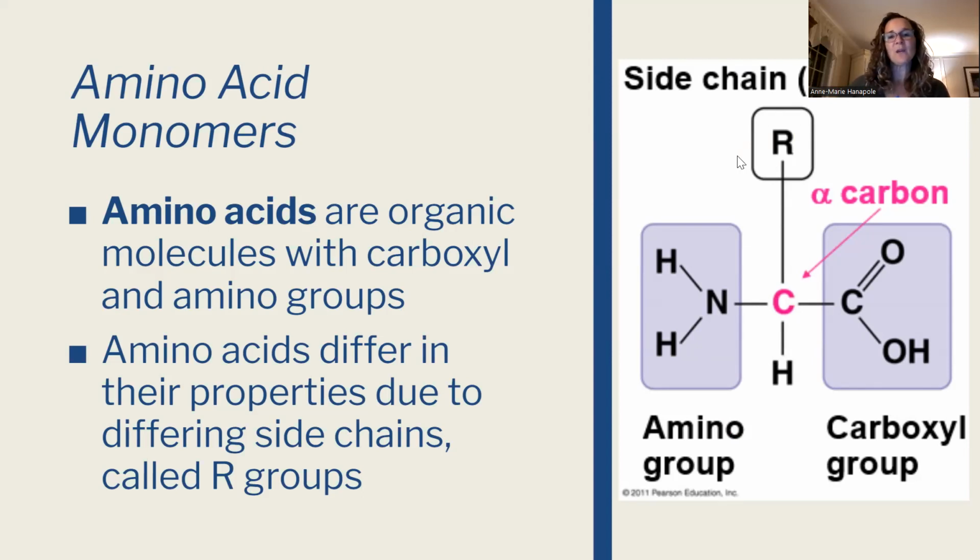What makes one amino acid different from another is what side chain you have as your R group. Everything else is going to be exactly the same in every single amino acid. So every amino acid has that central carbon with an amino group and a carboxyl group attached onto it, and then that central carbon has an R group. Again, that R group is what differentiates one amino acid from another.